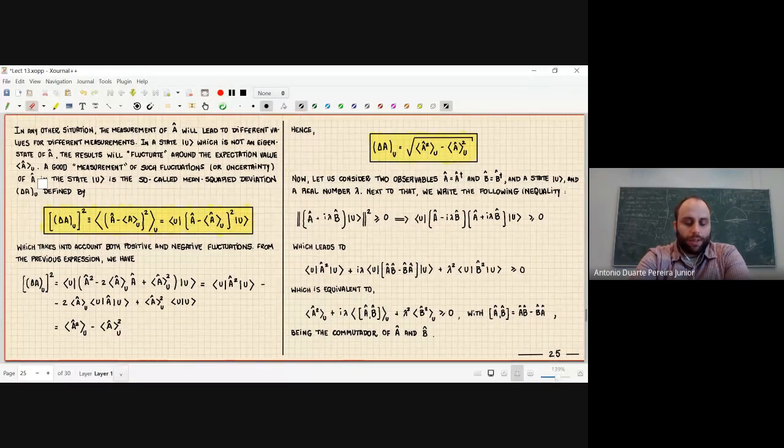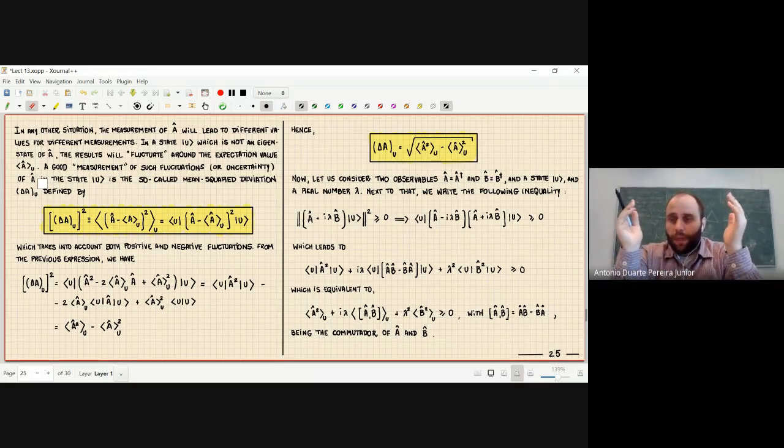It turns out that this difference between the real value that you get from a measurement and the expectation value of an operator is what we call a fluctuation.